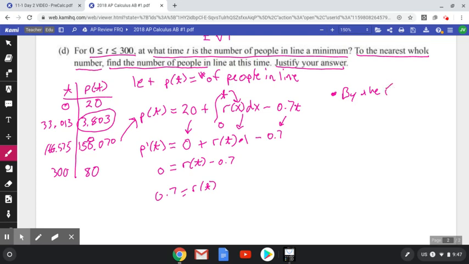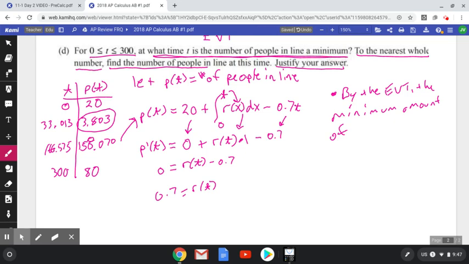So what we're going to do when we write our answer, we're going to say, by the EVT, the minimum amount of people in line. I'm just rereading the question here, so I'm looking at this line right here. I'm kind of using what they've written down to write my answer.